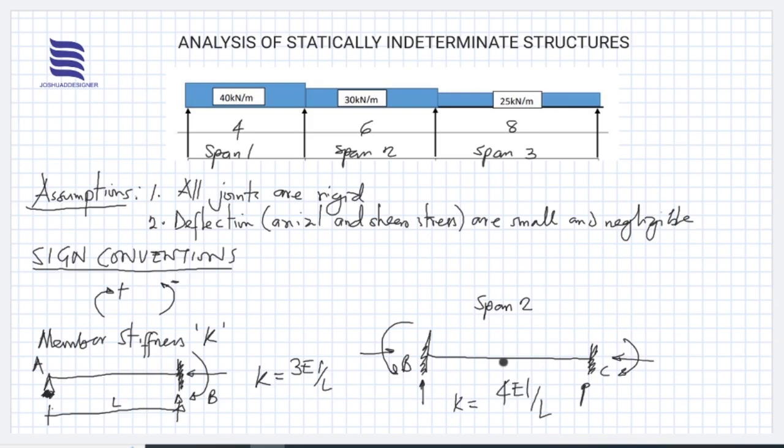Right, so that's simple. So we have a summary from the stiffness expressions that we have just shown ourselves: when your end support is fixed, the stiffness factor will be 4EI over L. When the end support is simply supported, we have the stiffness factor to be 3EI over L, right?